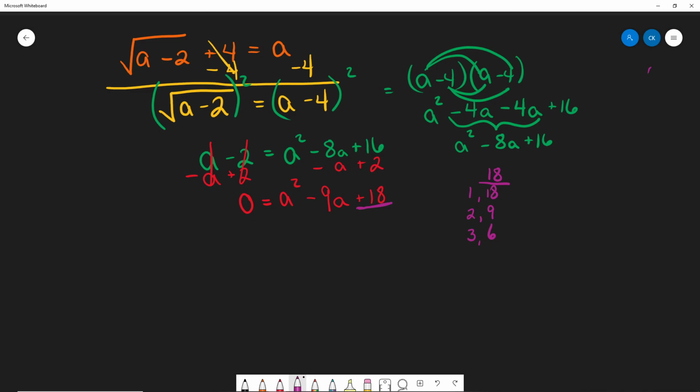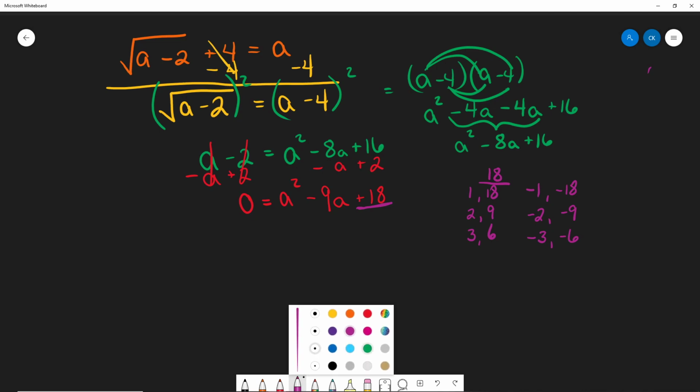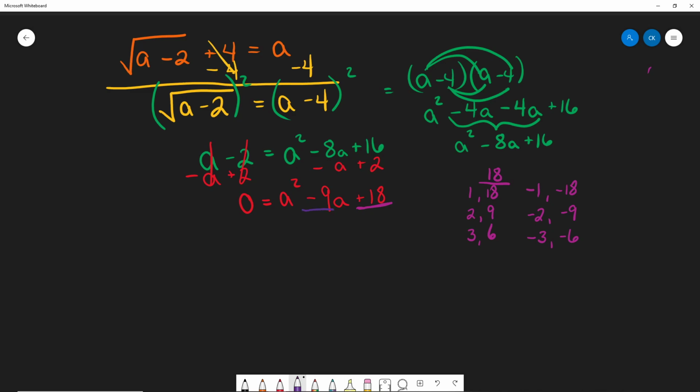But remember, it's got to equal positive 18, so it could be both of these numbers are positive, or both of those numbers could be negative. So we could have negative 1 and negative 18, negative 2 and negative 9, and negative 3 and negative 6. Then I have to go through them and say, well, which one of these pairs will add to be negative 9?